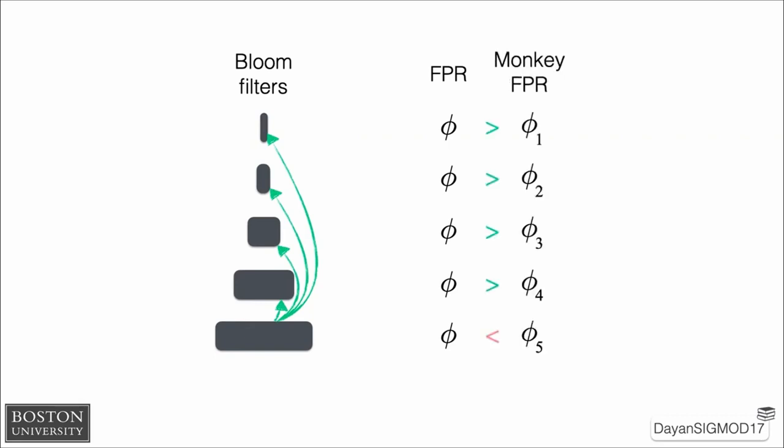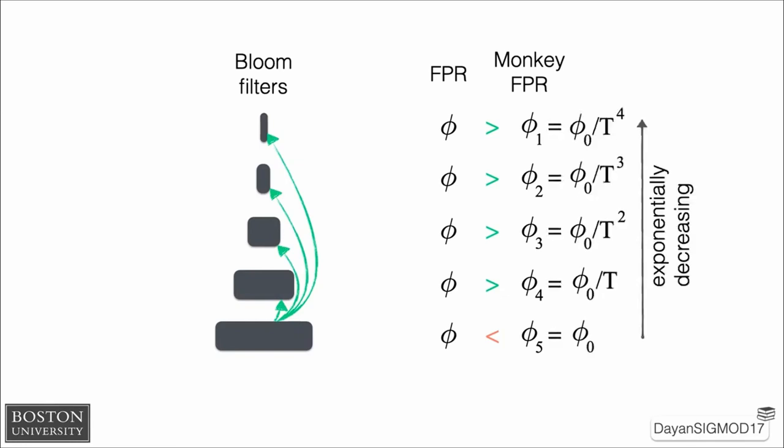So this approach was proposed in SIGMOD 2017, and essentially it changed the fundamental assumption that the Bloom filters have the same tuning across all levels, and it allowed different levels to have different bits per element for the Bloom filters. Through an optimization, we saw that we were having an exponentially decreasing false positive as we go towards the smaller levels.